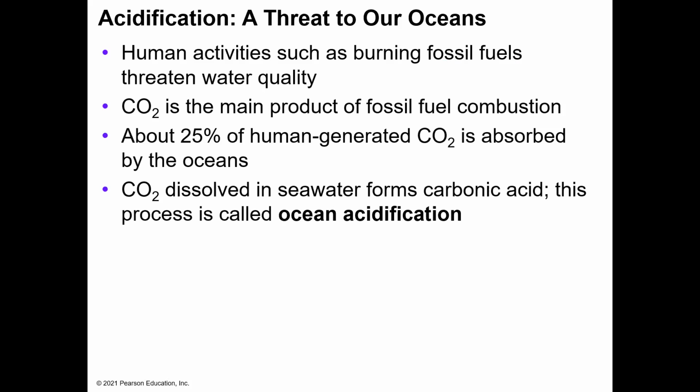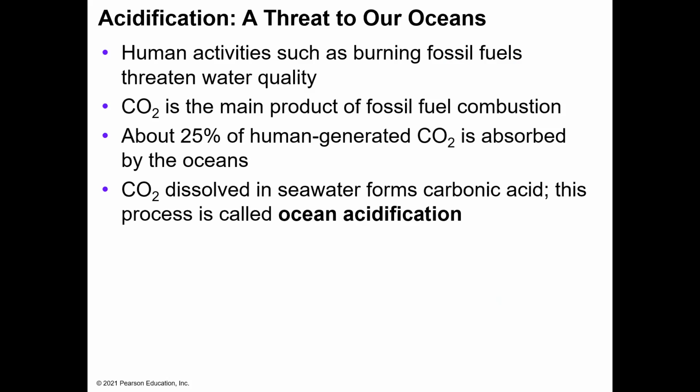So human activities such as burning fossil fuels can threaten the water quality and threaten the pH levels of the ocean. So CO2 is the main product of fossil fuel combustion, and about 25% of all human generated CO2 is then absorbed by the ocean.